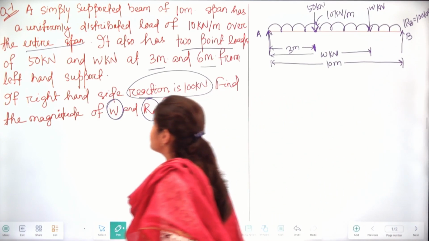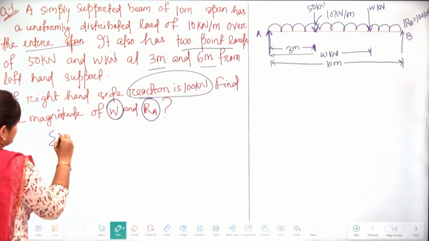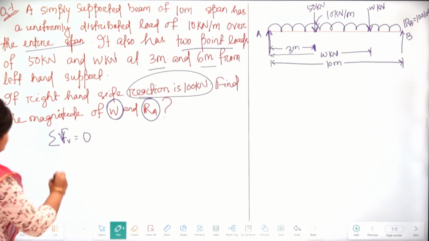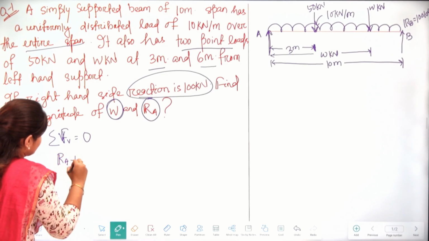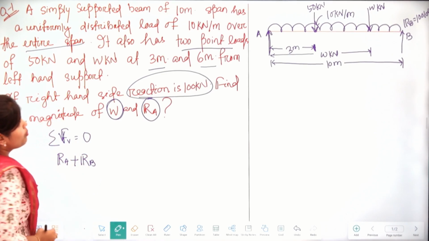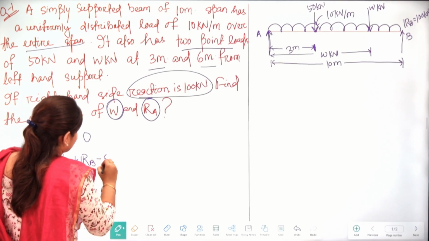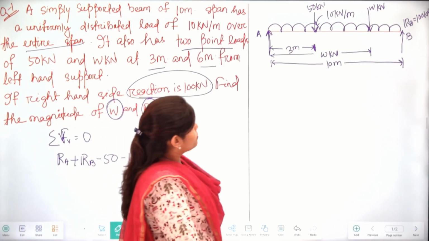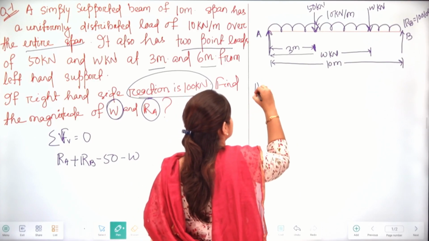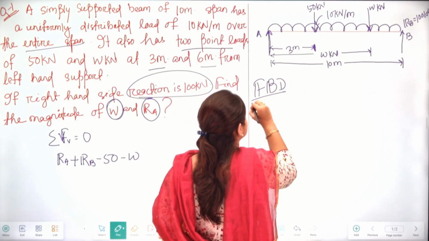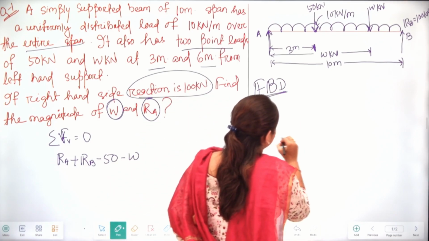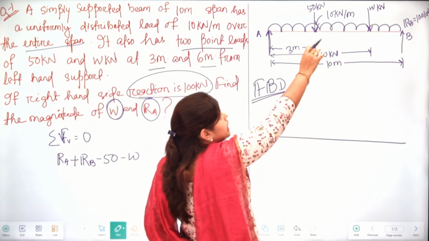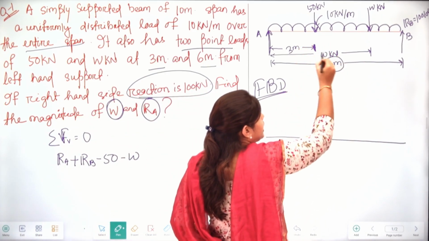We know that the summation of all the vertical forces, ΣFv, is equal to 0. So we can write RA plus RB minus 50 minus W. Okay. So what will we do with this uniformly distributed load? If we draw the free body diagram, next we will convert the uniformly distributed load to a point load. Here you can see 10 kilonewton per meter is applied over 10 meter.